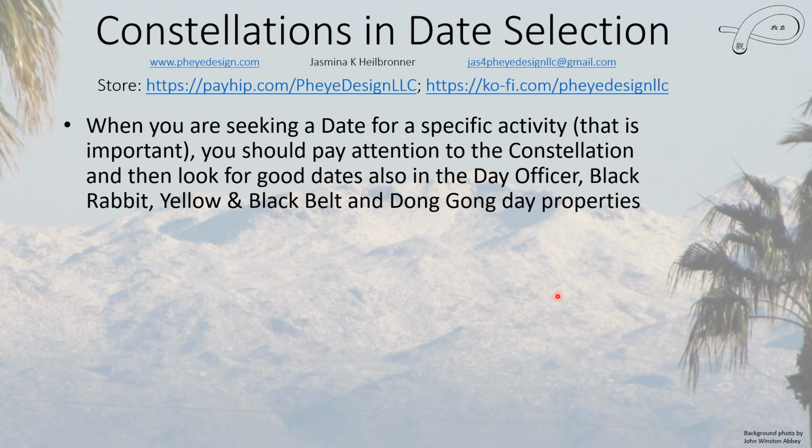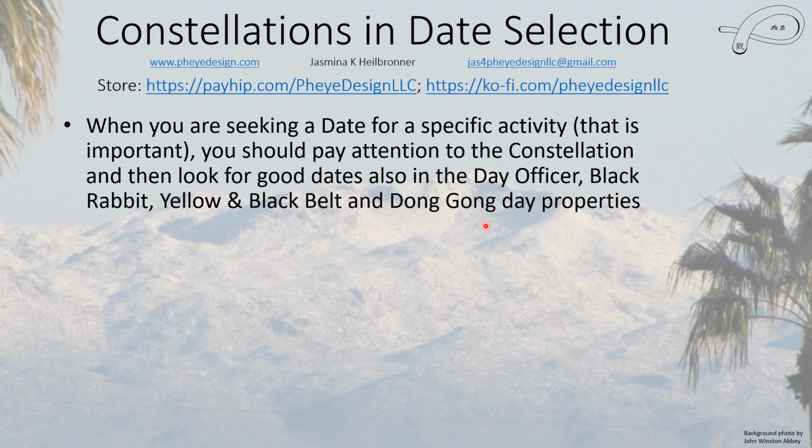So when you are looking for a date for a specific activity, like groundbreaking, let's say, you should pay attention to the constellation and then look for the dates that also have as many of these things being good as possible. Now, if it is, let's say, for groundbreaking, you want a good Donggong day.